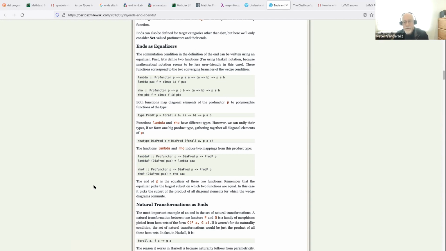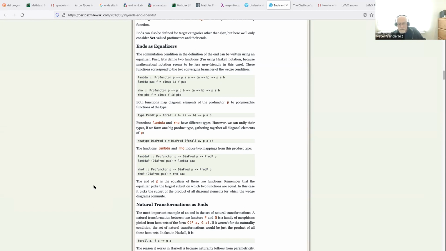Down here, it's a value of the forall, which is the product of all PAAs. So you can't just apply lambda to it. You cannot apply lambda to a product of all PAAs. You're allowed to apply lambda to one of them, but not to all of them at once.